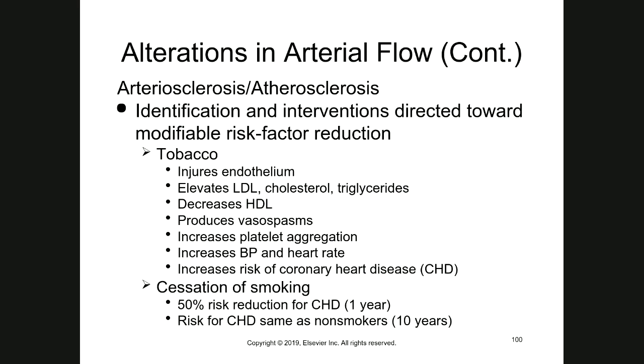In this case, obviously, tobacco is the number one cause of these problems because it injures the endothelium, elevates LDL cholesterol and triglycerides, decreases HDL, produces vasospasm, increases platelet aggregation, increases blood pressure and heart rate, and increases the risk of coronary heart disease. Cessation of smoking is what we are looking for. That's why we need to be extremely careful with this. I always make a question with this one. That's why it's there.